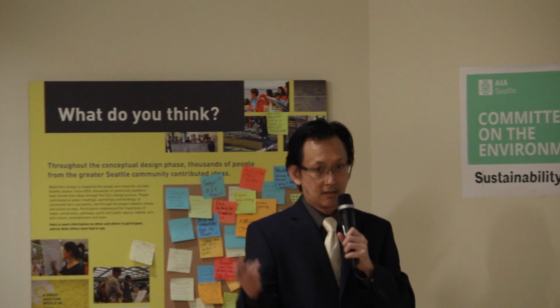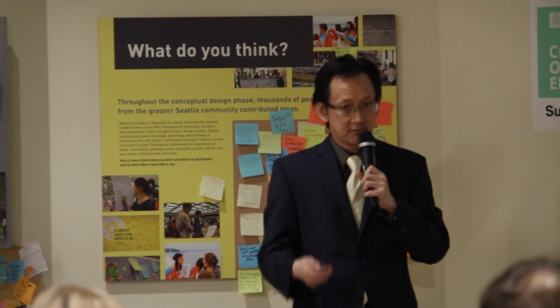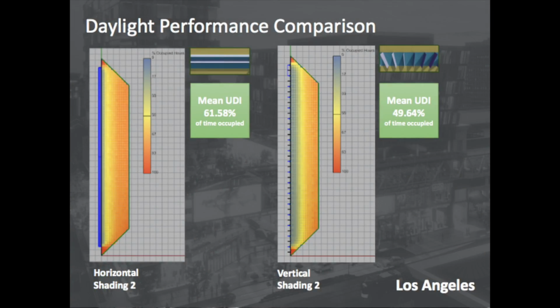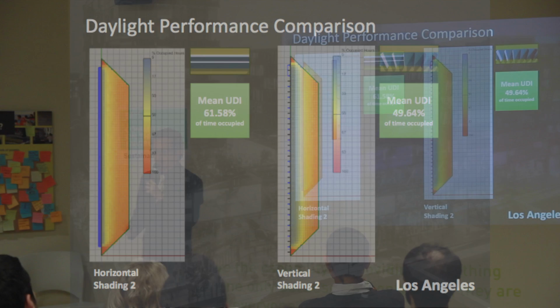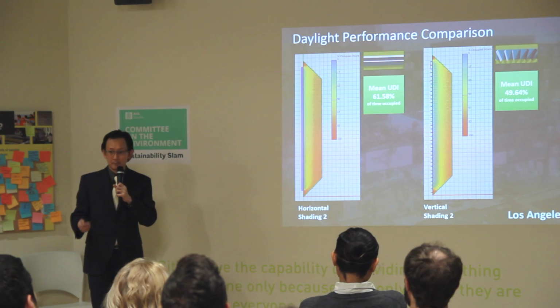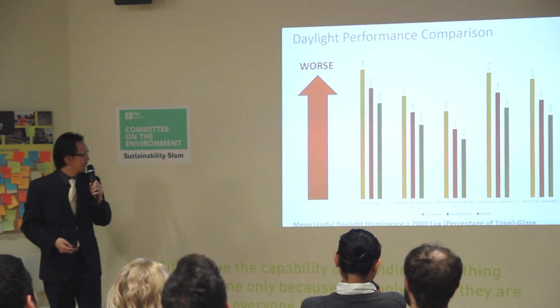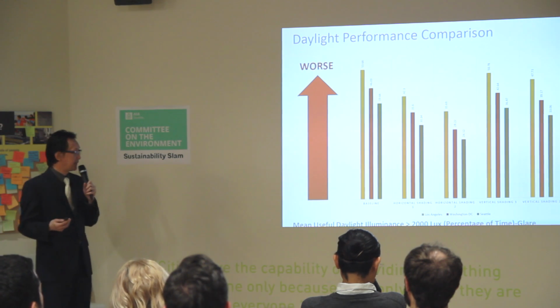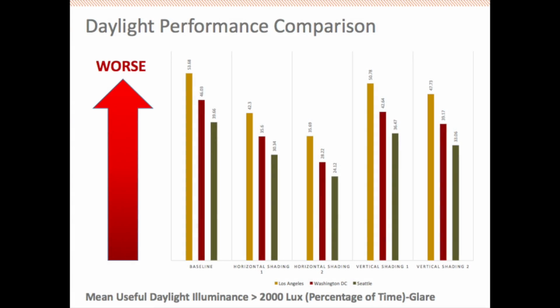This is basically just the west zone of the building, for comparison. And you can see the vertical shading device has the blue line here. It has a lot of glare in the perimeter because the vertical shading device is not really effective at blocking the direct sun. Anything above 2,000 is potential glare, meaning that anything higher is worse.